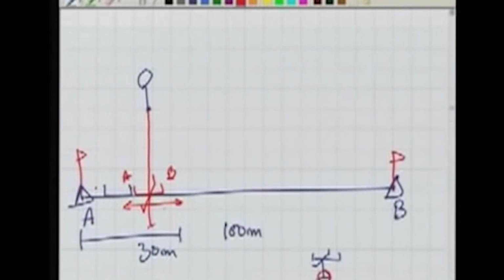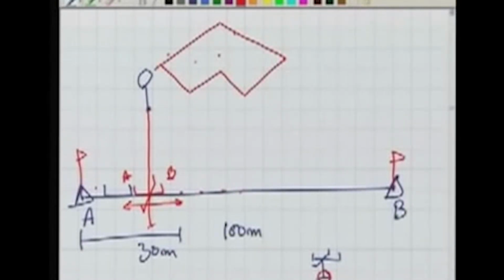So this is how you can establish several points on the chain line, which are the perpendiculars from various objects. If there is a building, for example, here, in order to plot this kind of building, you need to drop perpendiculars from various corners. All these perpendiculars you need to drop on the line, you need to find their length.